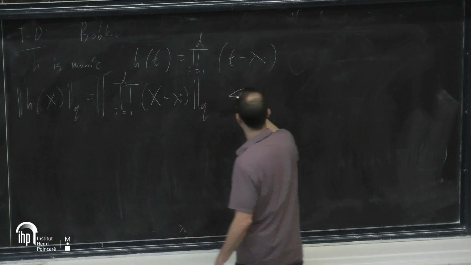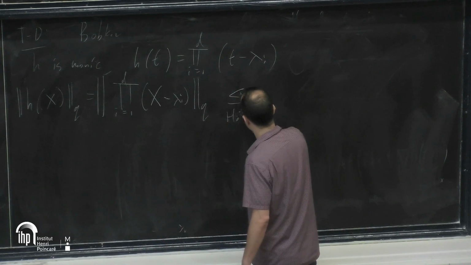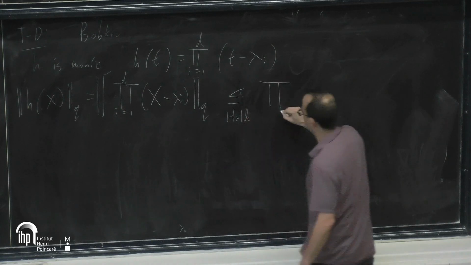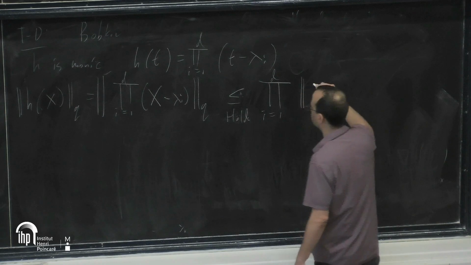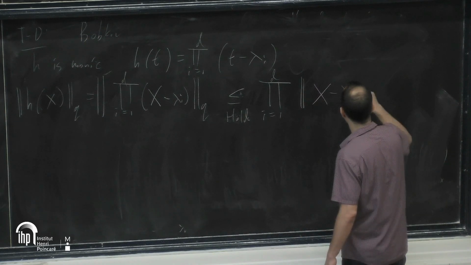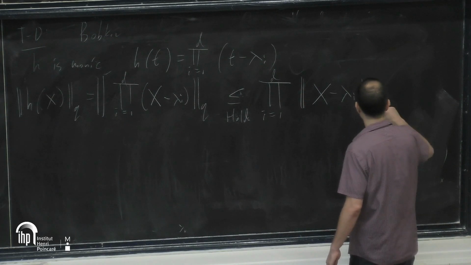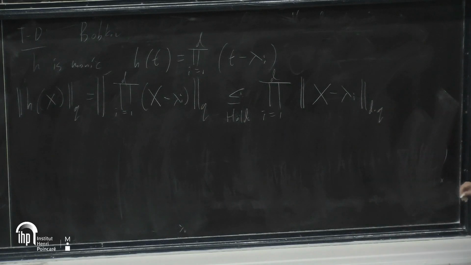And by Hölder, it's the product of slightly bigger norms. So since we have D terms, it should be D times Q.